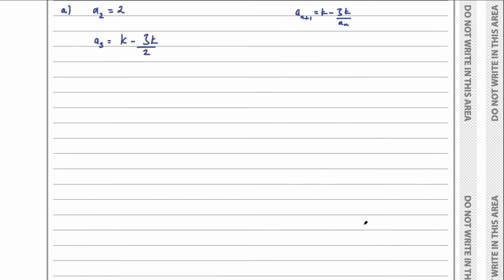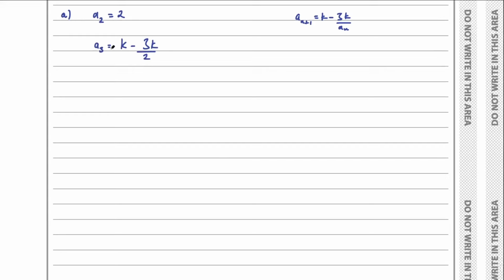Okay, now we can scroll down a bit. So then we're looking at a sub 3. We could perhaps simplify this a little bit. If we combined those 2 terms, multiply this one by 2, we would have 2k take 3k over 2. 2k take 3k is negative k, and that's over 2. So negative k on 2 for a sub 3.